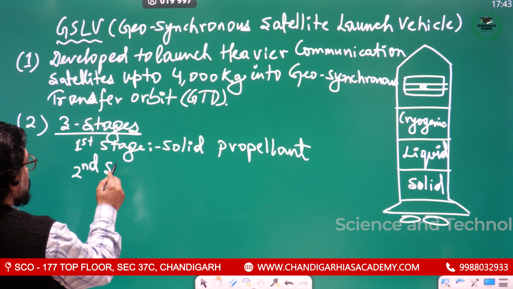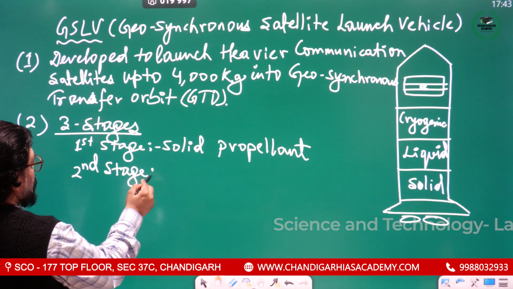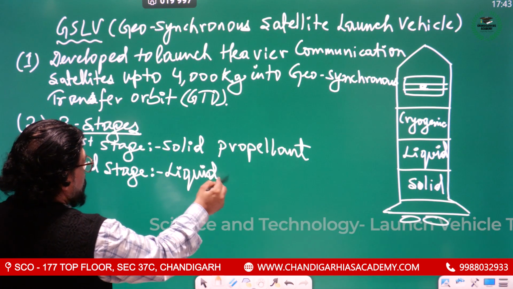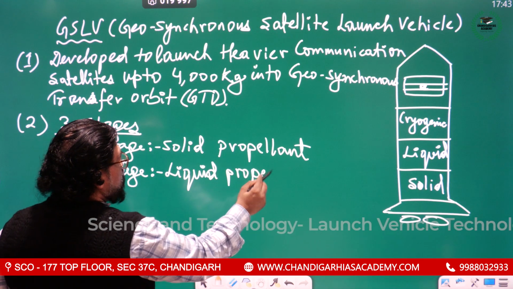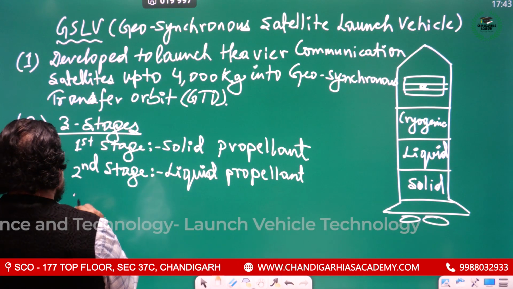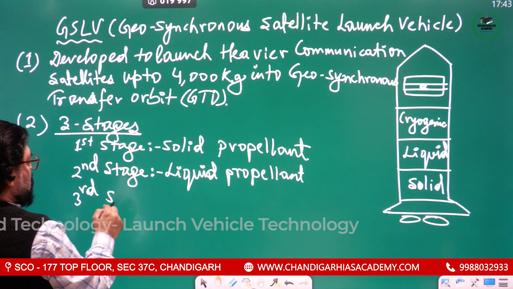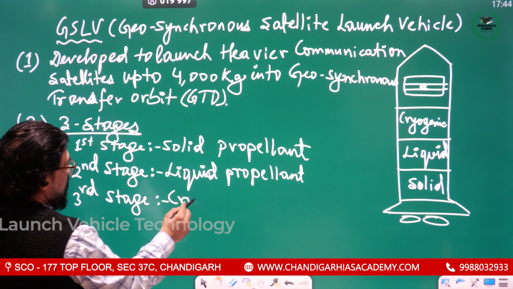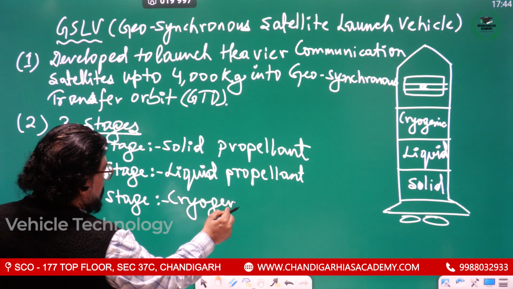Second stage, we are using a liquid propellant, again very similar to PSLV. And the most important part is the last stage, the third upper stage. That's where we have a cryogenic engine.